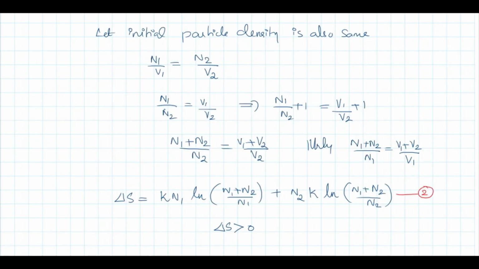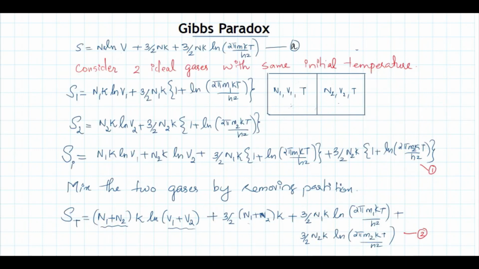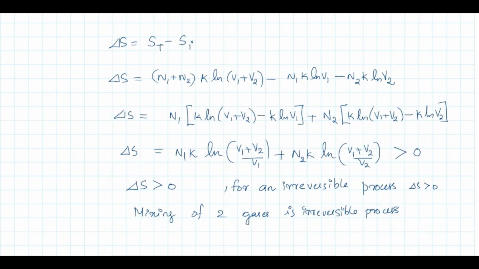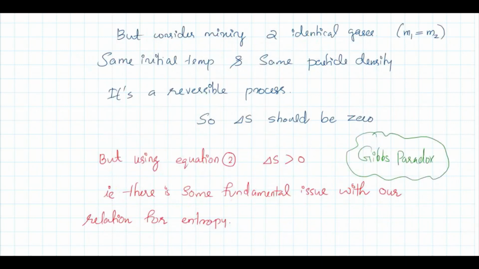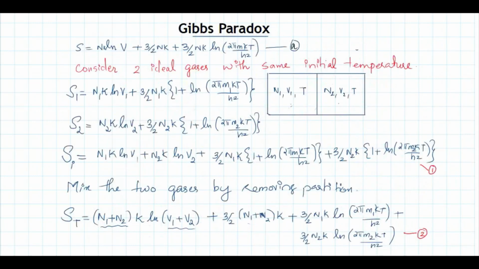But as per the entropy relation we have in hand, that is equation A, delta S is greater than 0. So that is called Gibbs paradox. There is some fundamental issue with our relation for entropy. The relation A has some fundamental problems.